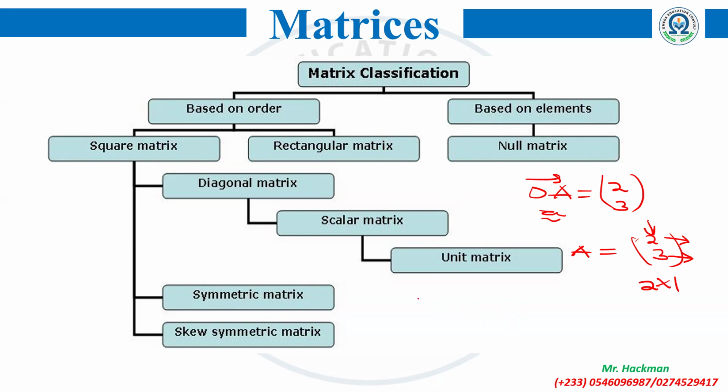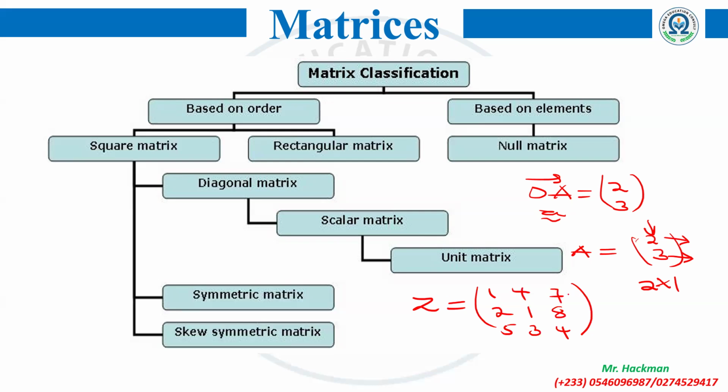If I have matrix Z equal to 1, 4, 7; 2, 1, 8; 5, 3, 4, what will be the order of this matrix? 3 by 3.